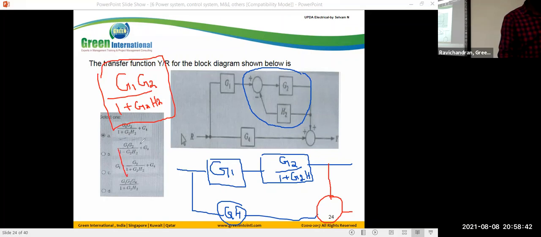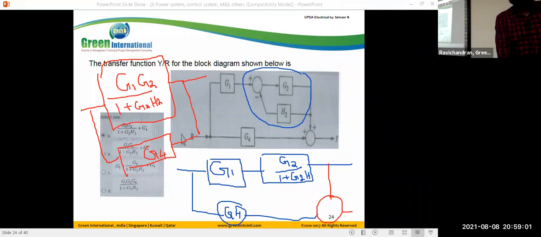And we have another G4. See, this is the gain. Here G4 is not an H4, so both are gains.